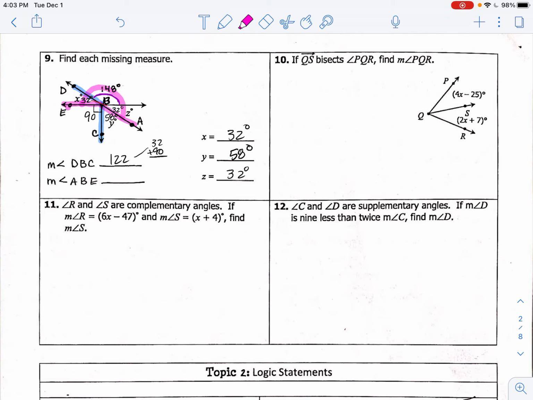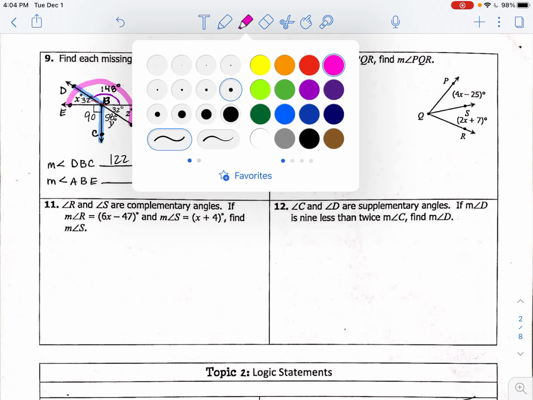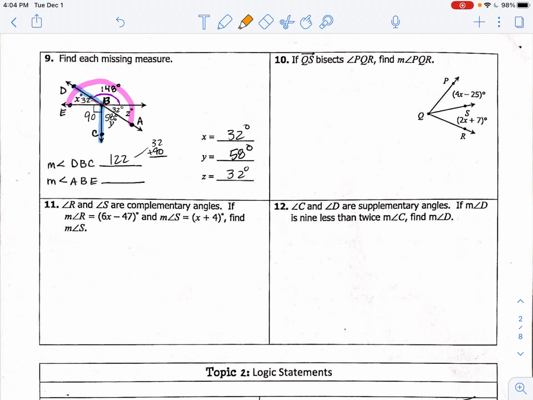Let's see, or is it? I'm not sure. Is it asking us about this angle, ABE, this obtuse angle? Or is it asking me about ABE, this angle?